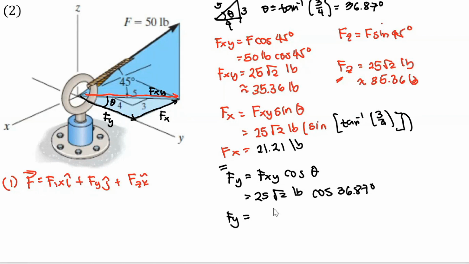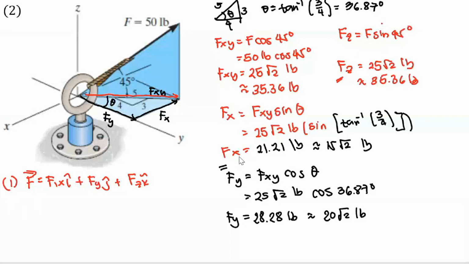Itong 21.21 pound, parang ang sagot namin kanina is 15 square root of 2 lang. Fy will be, what will be the answer? 20 square root of 2 po, ma'am. 25 square root of 2 pound cosine 36.87 is 28.28 or 20 square root of 2. Tama ba? Yes, ma'am. Okay, kumpleto na.